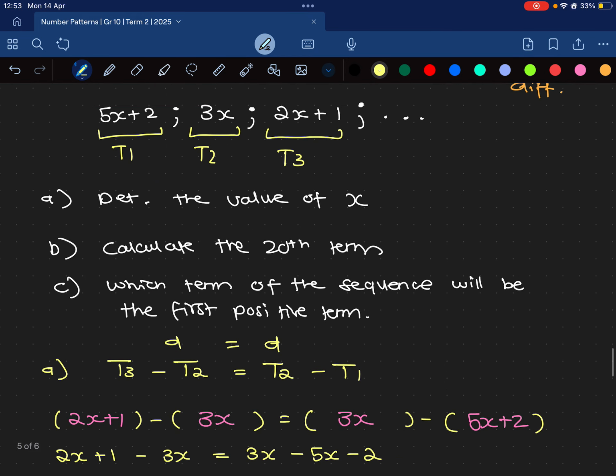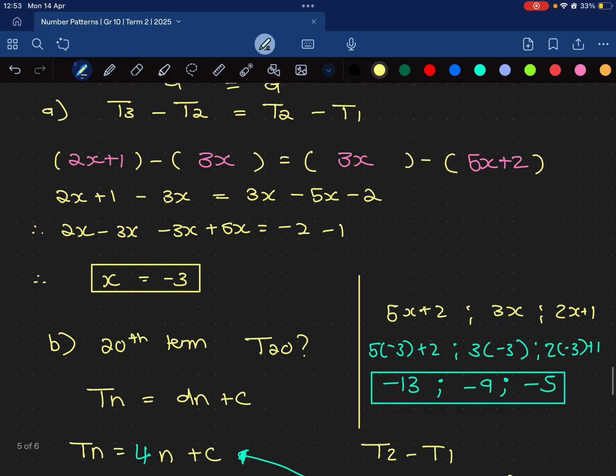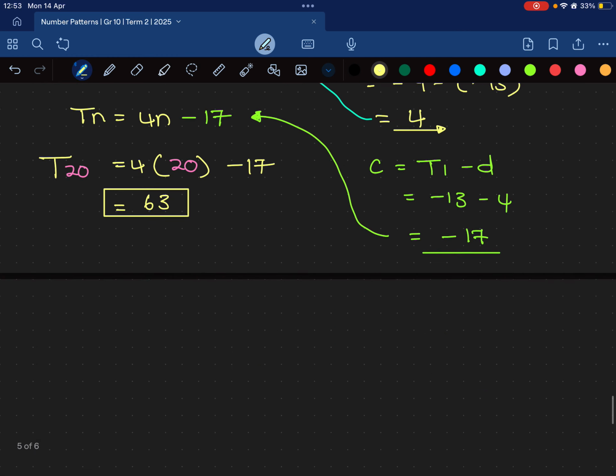Now, the last question is a bit difficult. It says, which term of the sequence will be the first positive term? So now we ask ourselves, okay, the first positive term, so Tn represents all the terms, right?